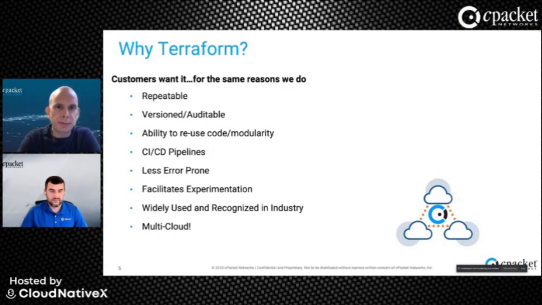It certainly helps with performance, but I think a lot of the impetus around infrastructure as code is about risk, and so reducing errors, making things auditable, having version control over deployments, and having a lot of clients also have CI/CD pipelines that they need to plug into. So the whole infrastructure as code paradigm is the reason why customers do it.